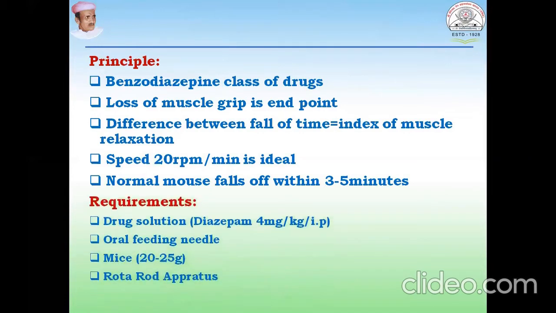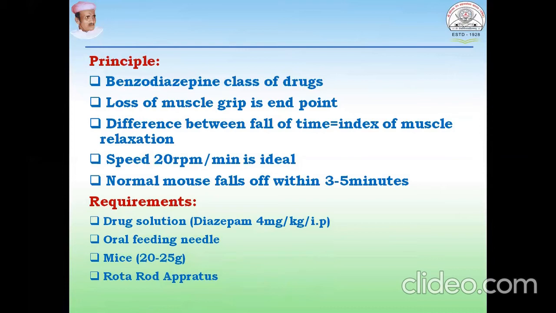The requirements for this test are, first, the drug solution. Usually for practical purposes, we use a standard drug, that is diazepam, 4 milligram per kilogram, by IP route. Then you require an oral feeding needle.